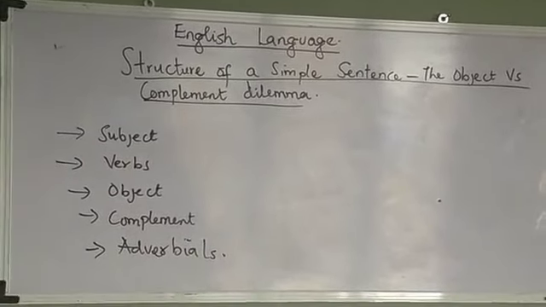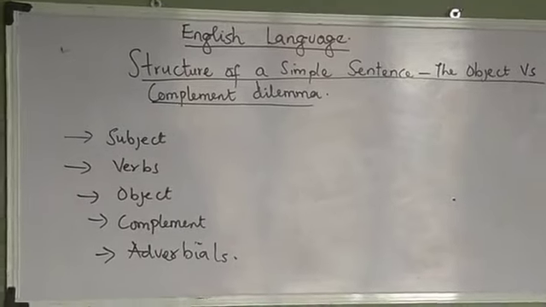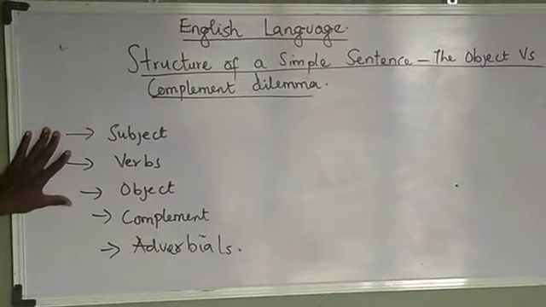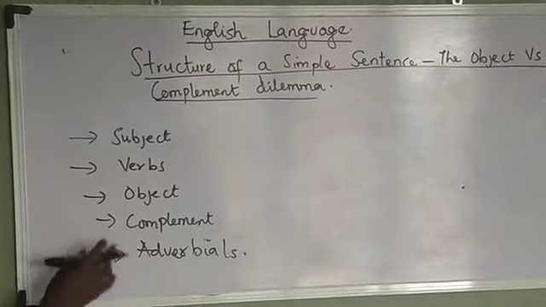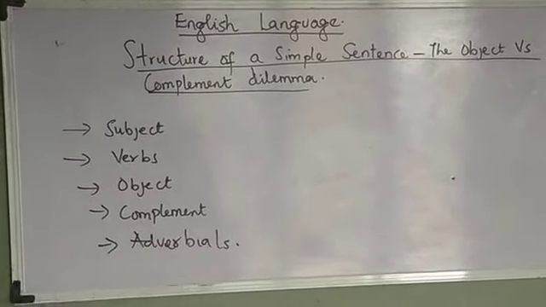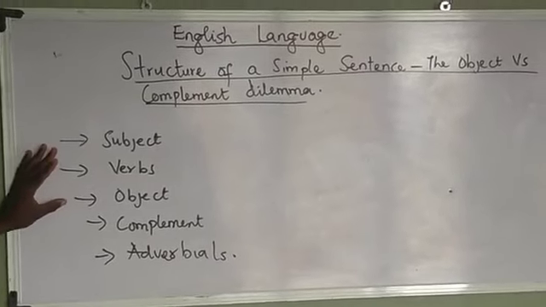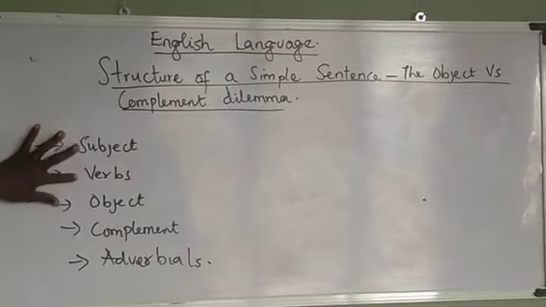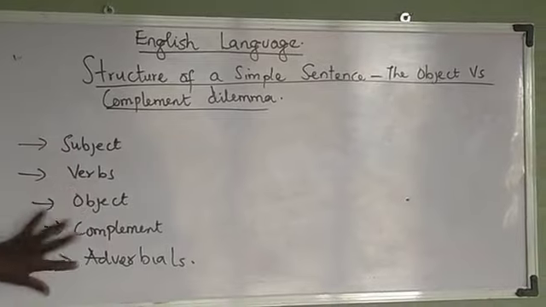Now let me tell you something that is very important here. I said a simple sentence. We have 5 prominent parts: subject, verb, object, complement, and adverb.